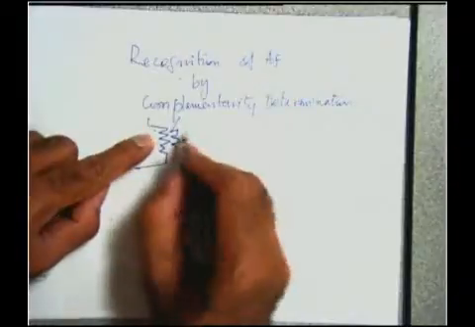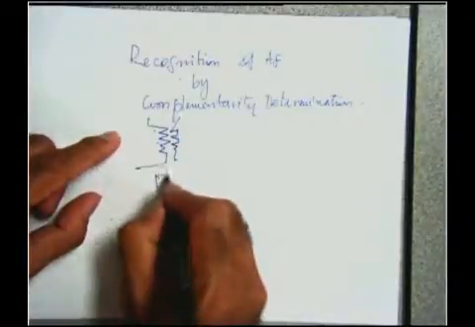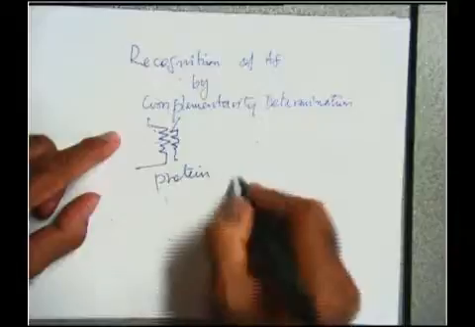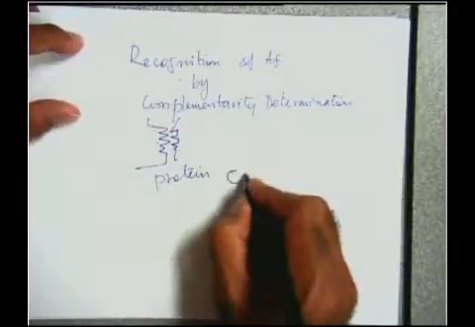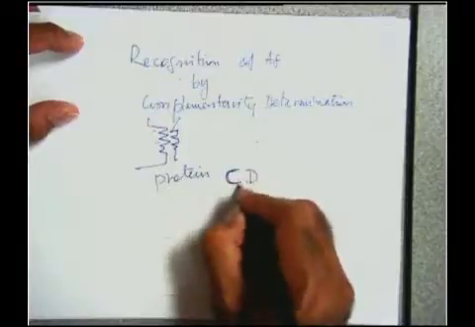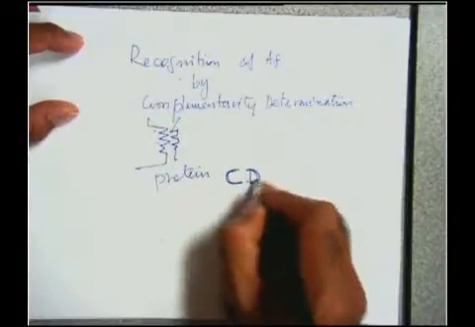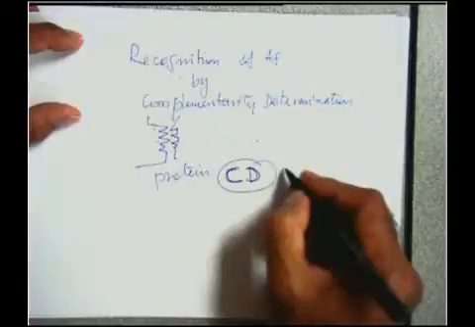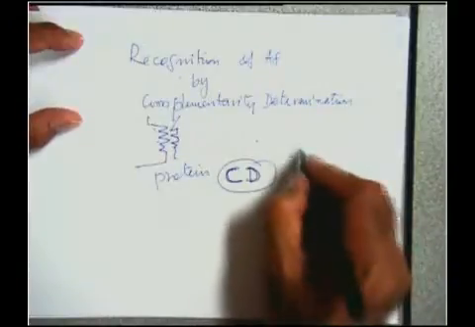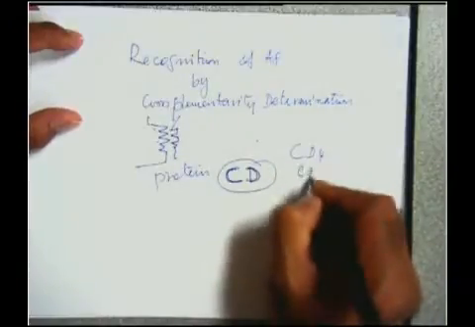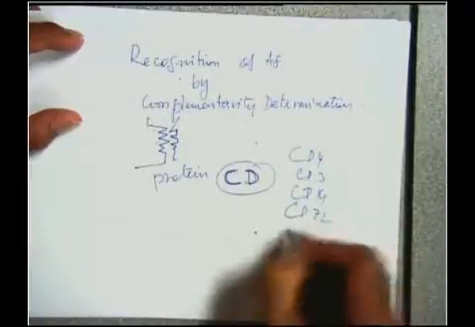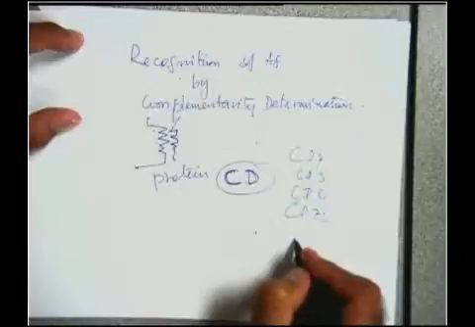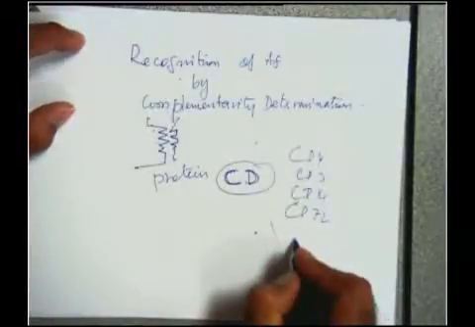This determination is by a protein, the complementarity determining protein, and we call it CD. There are different types of CDs present in human blood: CD4, CD3, CD14, CD72, like that. There are different varieties of the complementarity determining site.